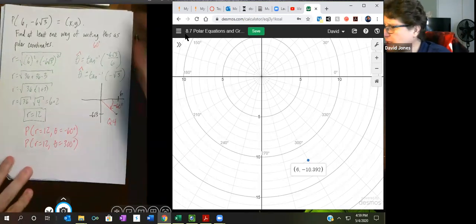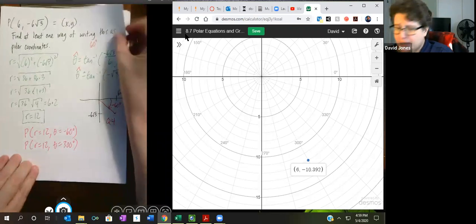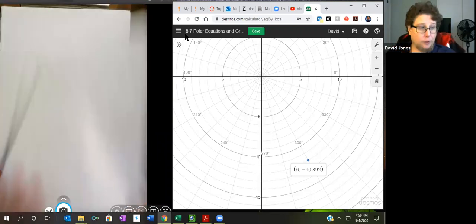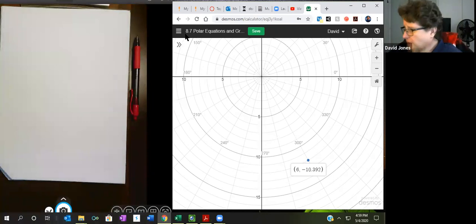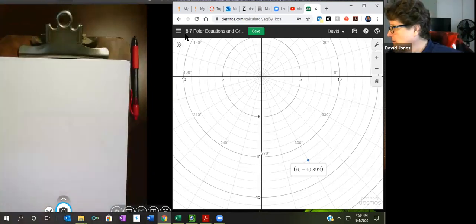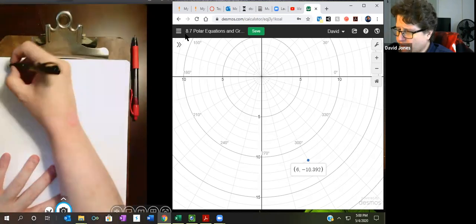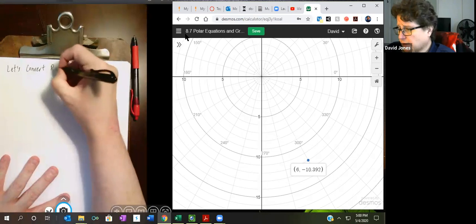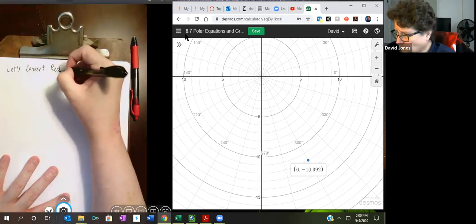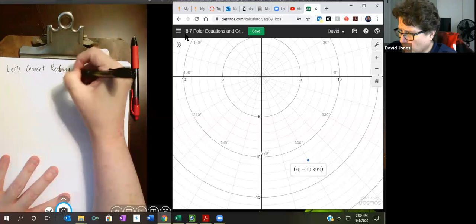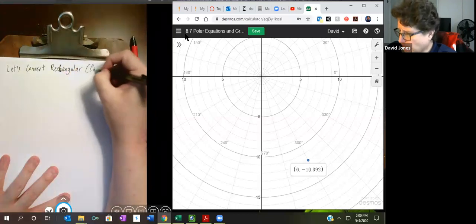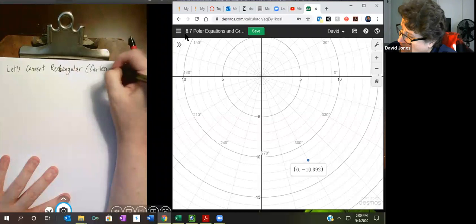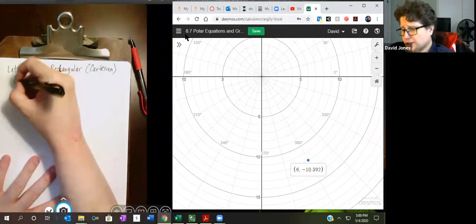So let's look at some other things we can do. We can convert equations from rectangular to polar. Rectangular or Cartesian is another word for them.